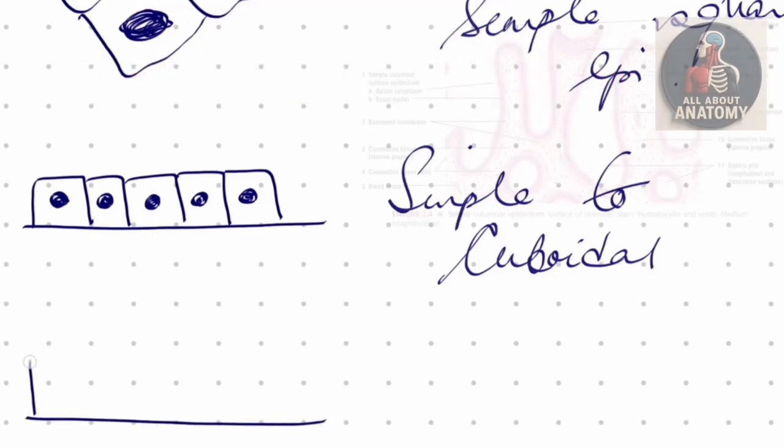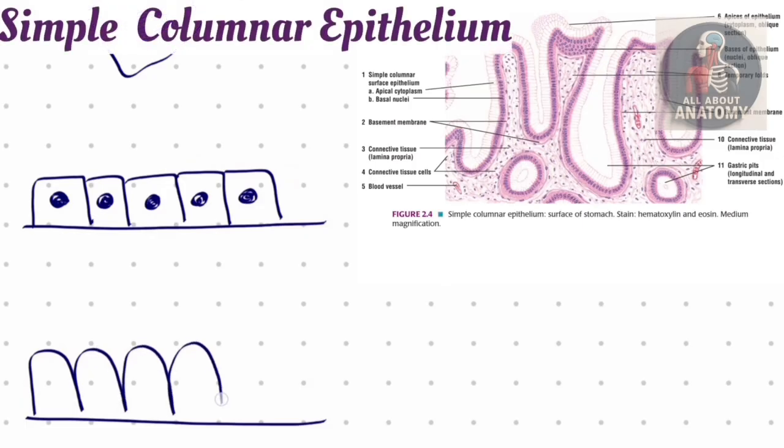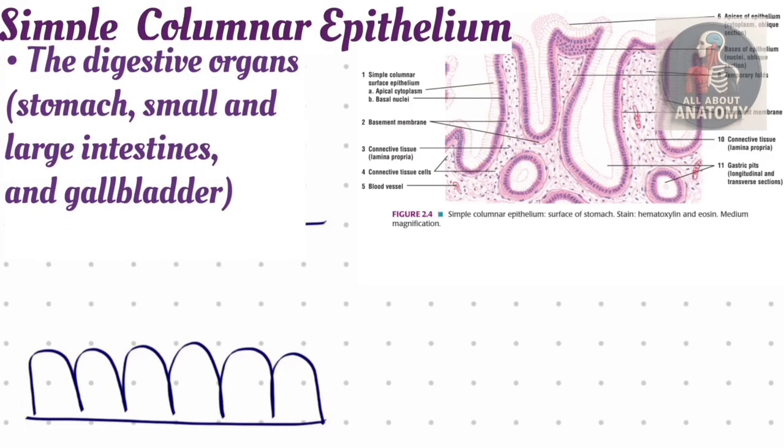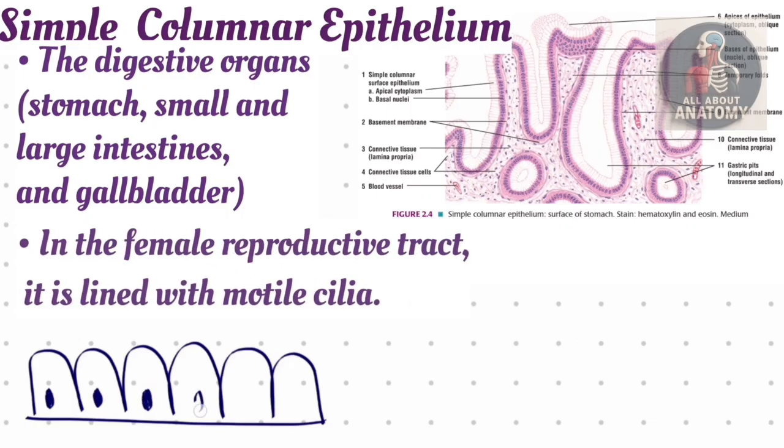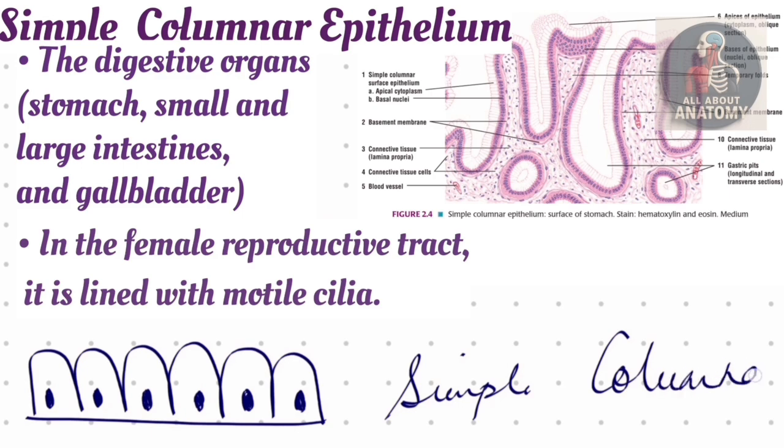Similarly, when the cell shape is rectangular or columnar, here the nuclei will be ovalish, more pushed towards the base. This sort of epithelium will be called simple columnar epithelium.